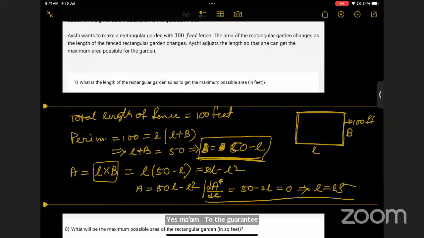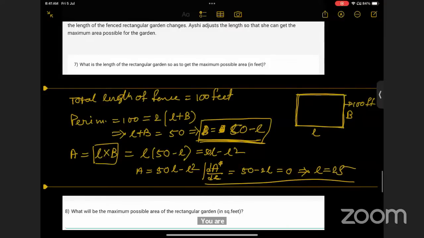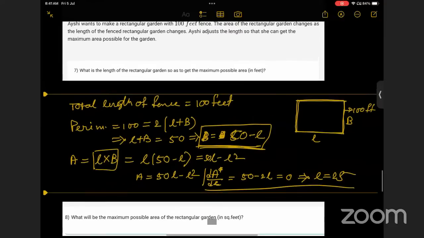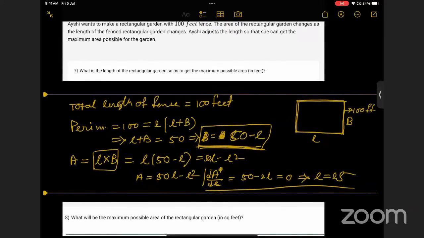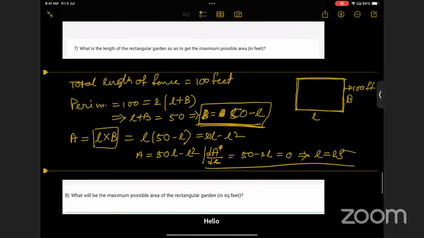Okay. So yeah, you want to apply minus b by 2a. Here, if you have a function, no, we don't need the vertex here. You need to find the value of L for which the function A will be maximum.